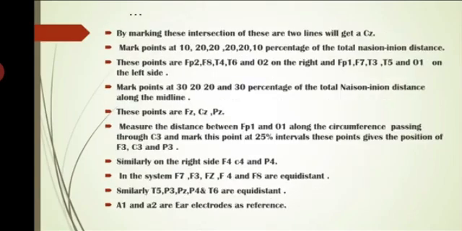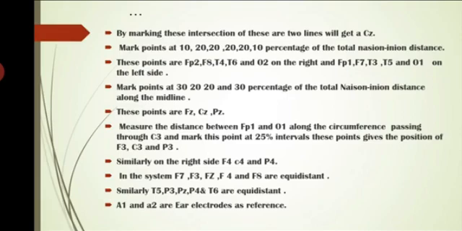By marking the intersection of these two lines, we'll get Cz. Mark points at 10, 20, 20, 20, 20 and 10% of the total nasion-inion distance.